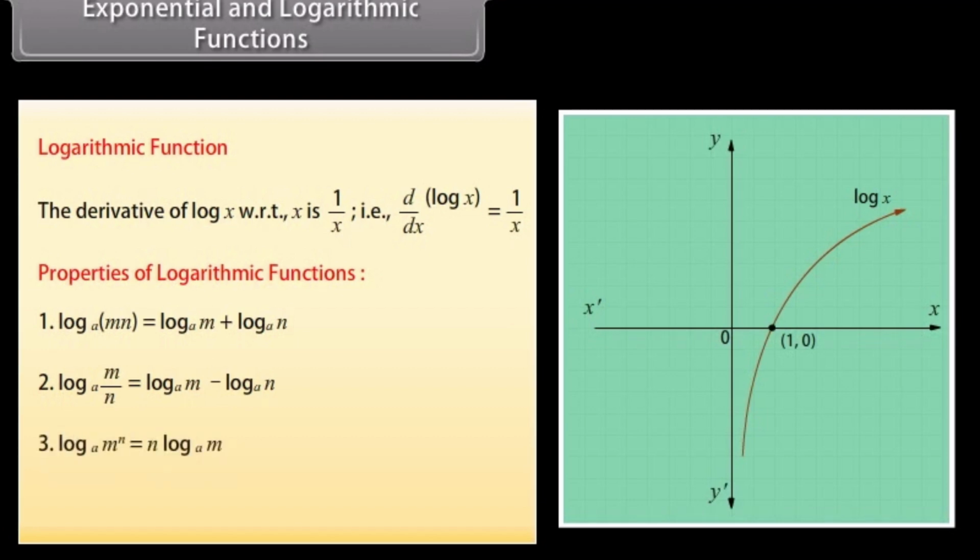Log m raised to the power n to the base a is equal to n into log m to the base a. 4. Log m to the base a is equal to log m to the base b into log b to the base a.